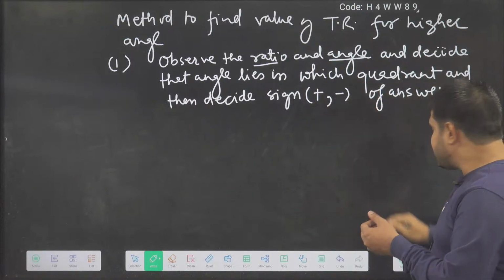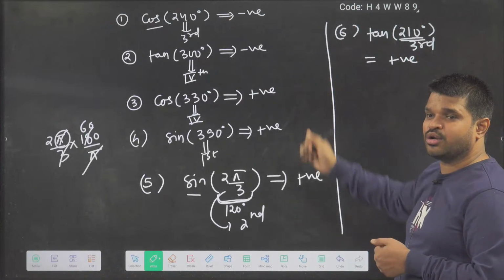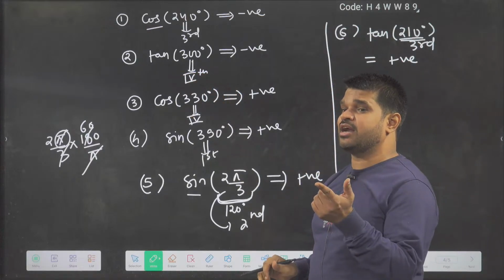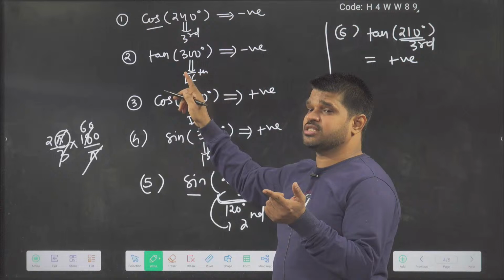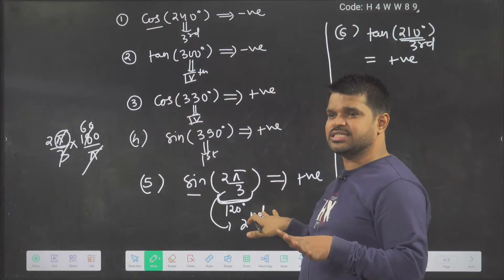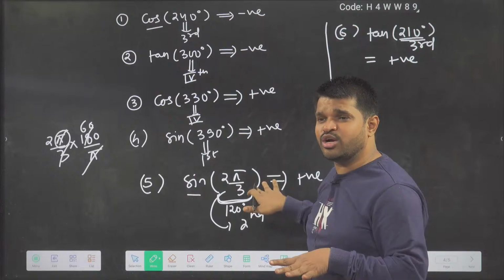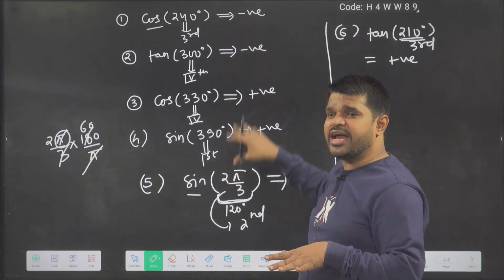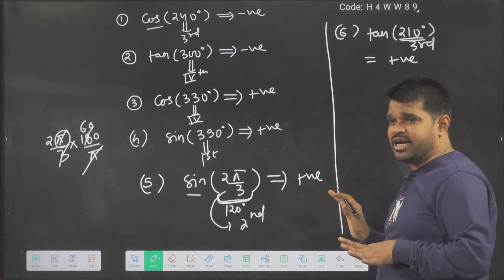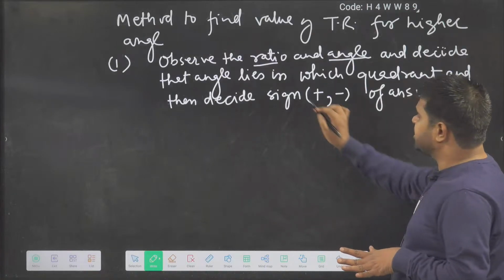This step is nothing but whatever we discussed here. I saw the angle, I saw the ratio and decided whether this ratio is positive or negative in this quadrant. Based on that, I decided the sign. So is this first step clear to everyone? Whatever I did here is written in the first step.